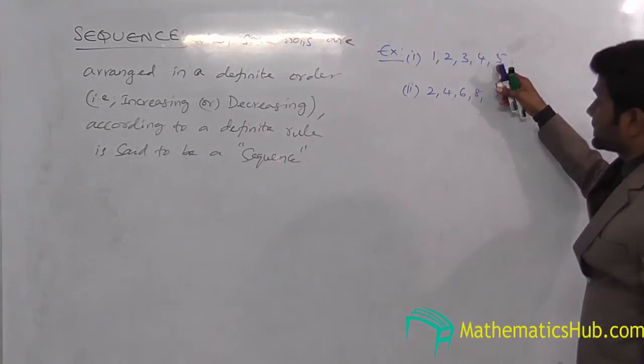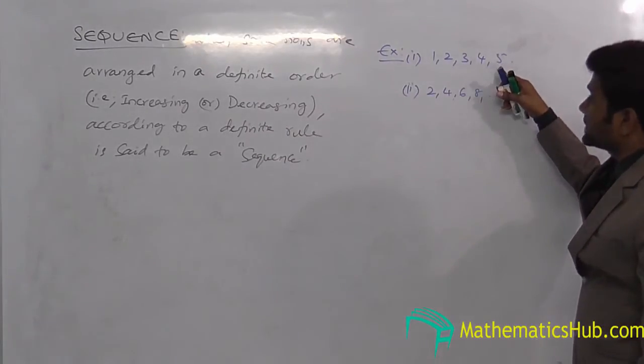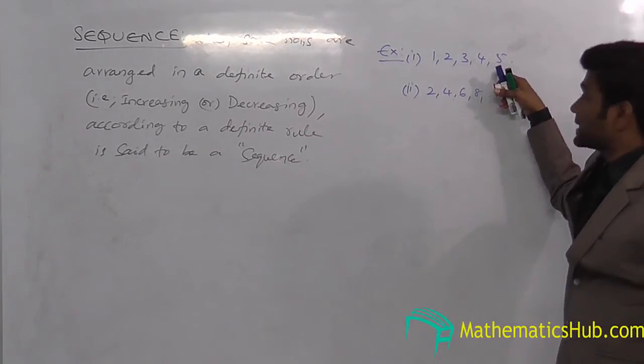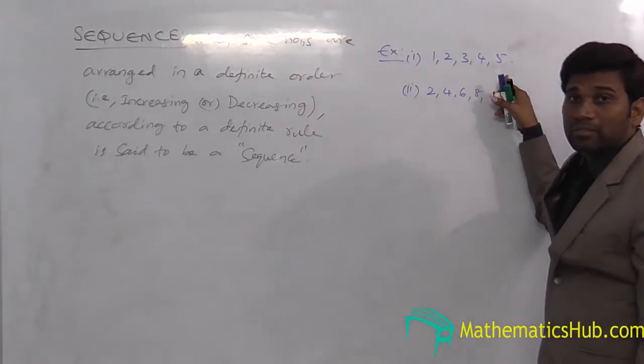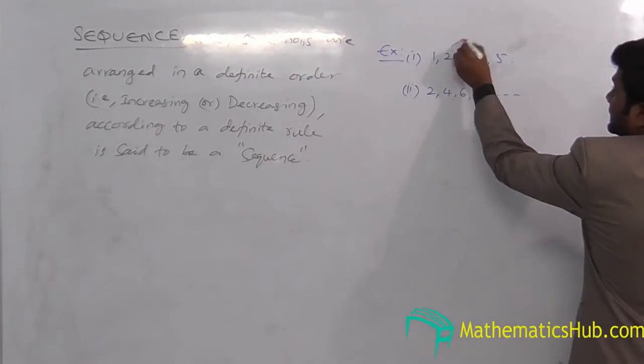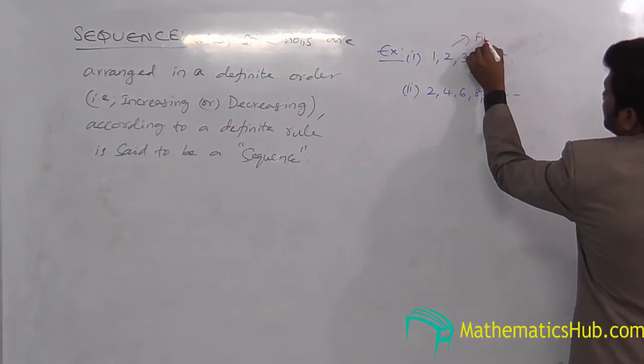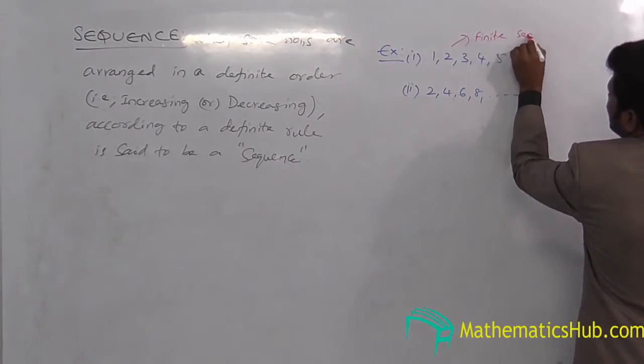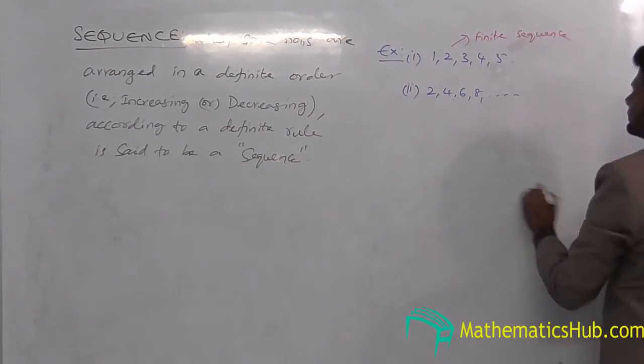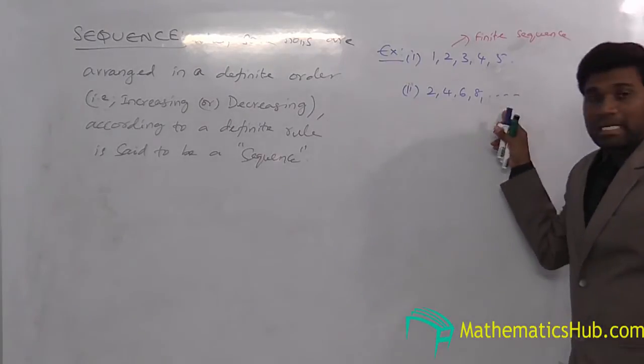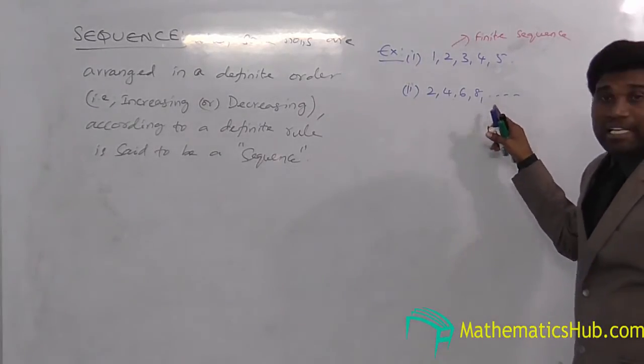the first sequence contains a fixed number of terms, or I can say a finite number of terms. So this is called a finite sequence. The second sequence contains an infinite number of terms.